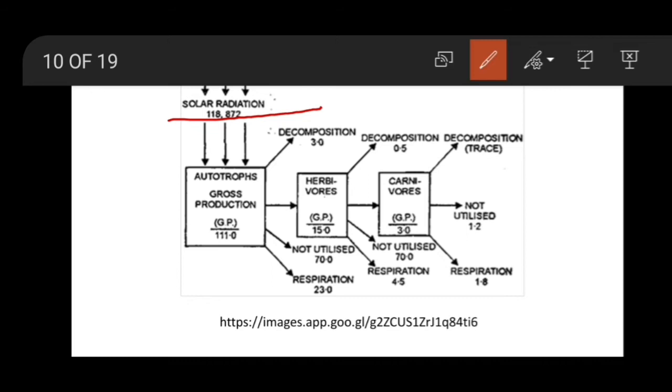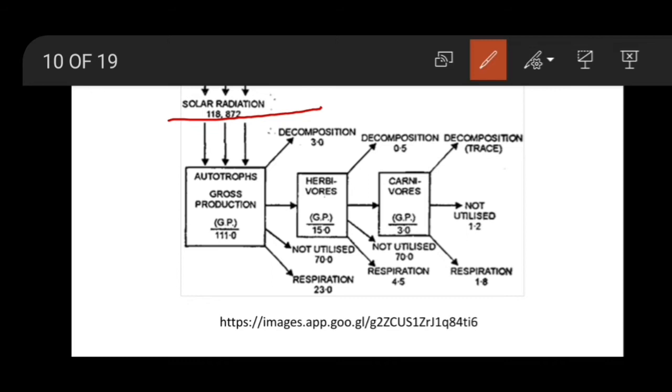So this 15 gram calorie per centimeter square per year energy goes to the next trophic level, that is to the carnivores. Again, the herbivores lose 0.5 for decomposition, 70% is again not utilized and 4.5 is for respiration. In carnivores, a trace amount of energy is required for decomposition, 1.5 is not utilized and 1.8 is required for respiration.